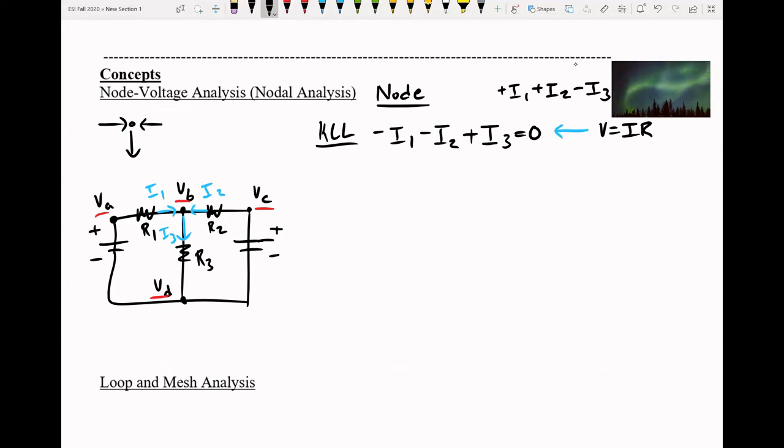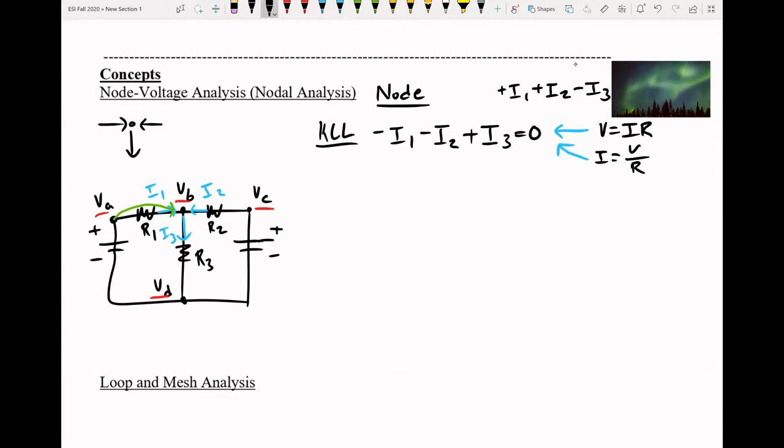What we'll do is say, okay, I'm going to start at V of A, and I'm going to go to V of B. So I will write out, and real quick on the side here, I is equal to V over R. So that's the translation here.